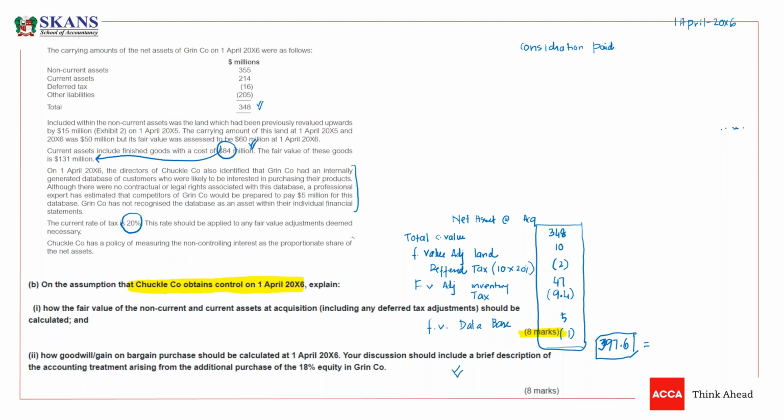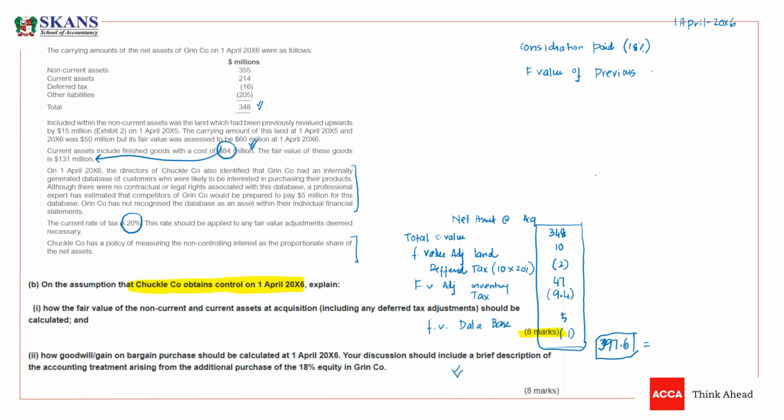NCI is being measured at proportionate share. So what we need to do is consideration paid. We have paid consideration for 18%, guys, right now on 1st April. Then, if there is any previously held investment, we need to take the fair value of the previous investment.